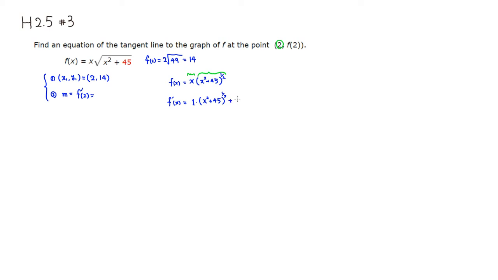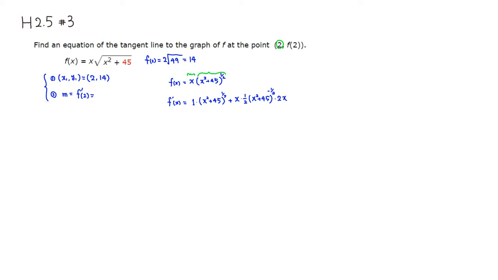Plus the first guy, x, times the derivative of the second guy. I put 1/2 in front and keep the same inside function, then subtract 1 from the power, so it's negative 1/2, and then multiply by the derivative inside, which is 2x.